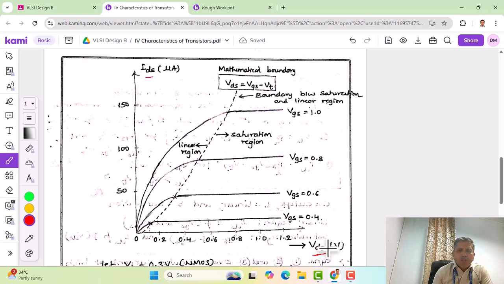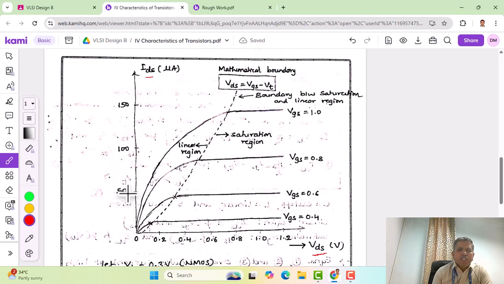And drain to source voltage is plotted along the x-axis, incremented at the rate of 0.2 volts. We have 0.2, 0.4, 0.6 up to 1.2 volts. So VDS is in volts, and the y-axis is the drain to source current. Typically the drain to source current is going to be in microamperes, especially for the sub-threshold MOSFET.